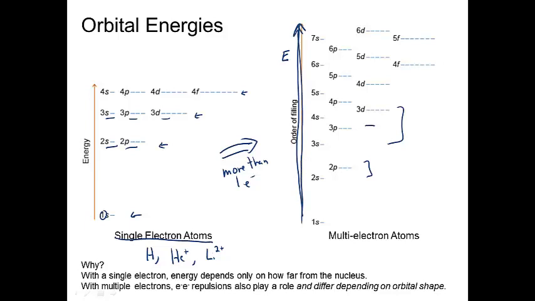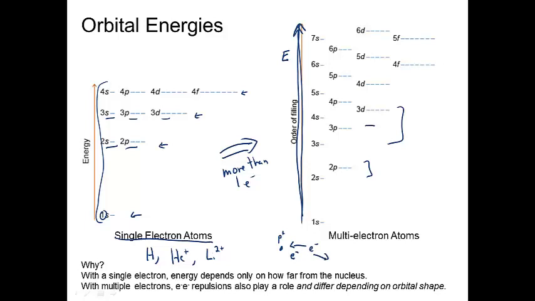When you have just a single electron, the only thing that really matters is on average how far the electron is from the nucleus. And for the n equals 2 orbitals, the n equals 3 orbitals, that ends up being the same for them. When you have multiple electrons, you have not only the attraction of an electron to the nucleus, say you have a proton there and an electron here, but you also have a second electron, and that electron is repelled from the other electron.